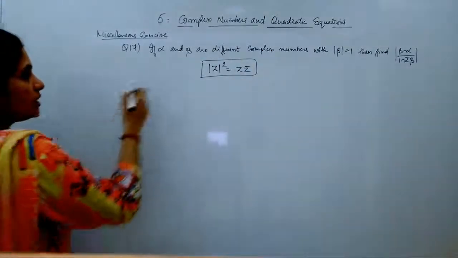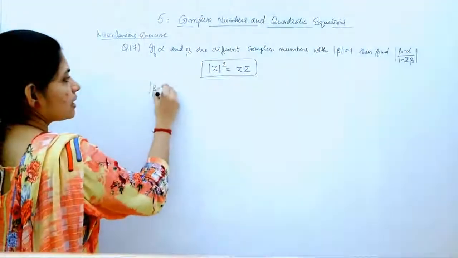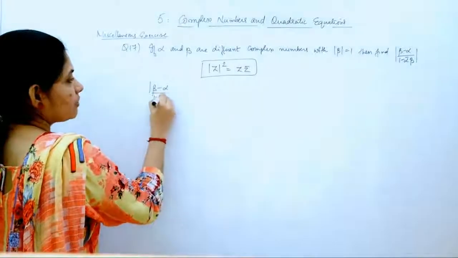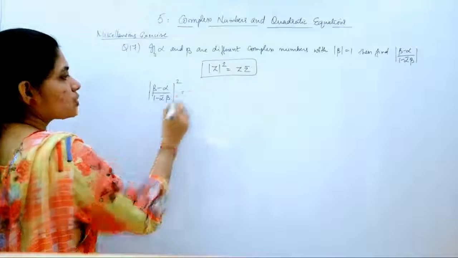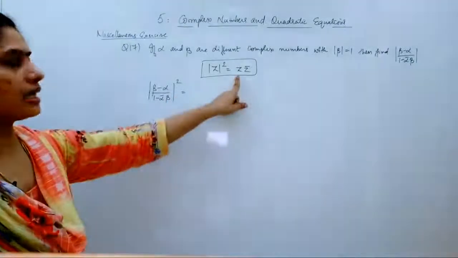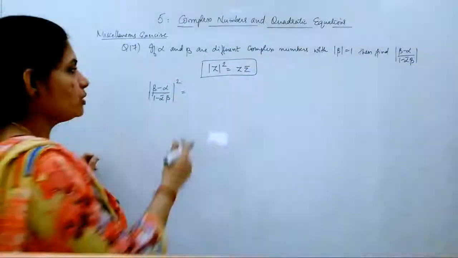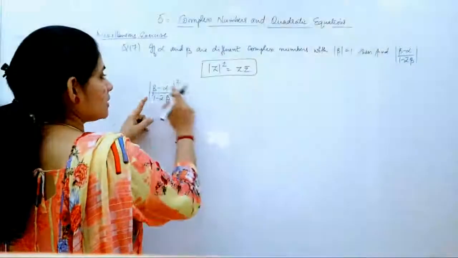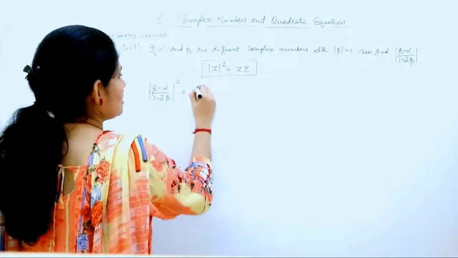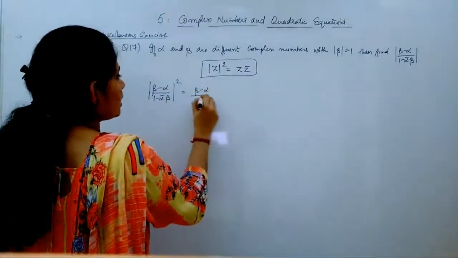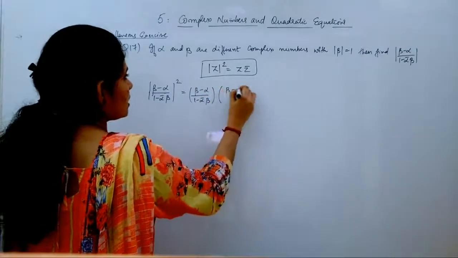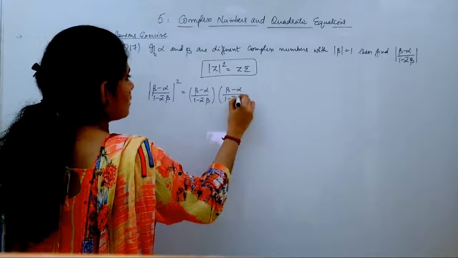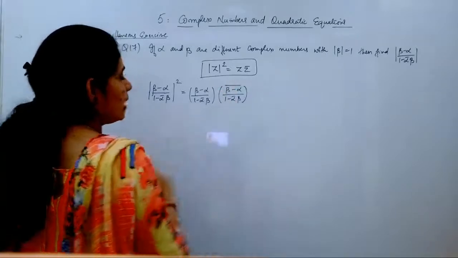Okay, so we are starting with mod of beta minus alpha by 1 minus alpha bar beta the whole square, so that we can just expand it and write it in this form, the product of two, in which one term is this and the other one is its conjugate, that is beta minus alpha by 1 minus alpha bar beta into beta minus alpha by 1 minus alpha bar beta the whole bar.